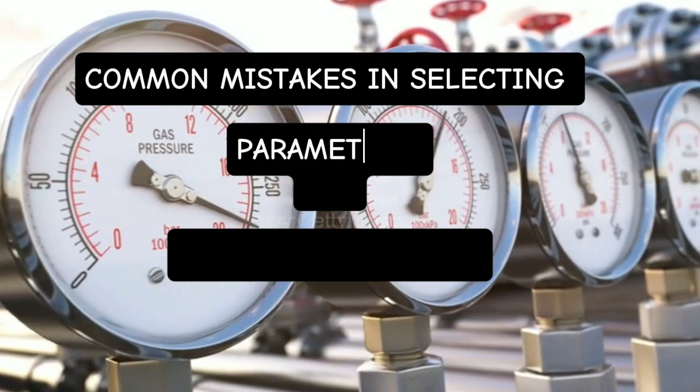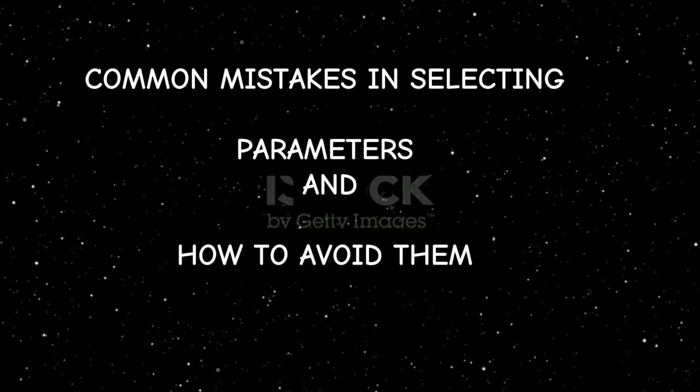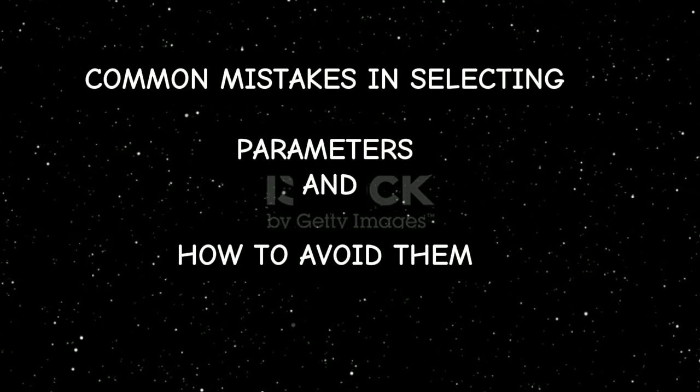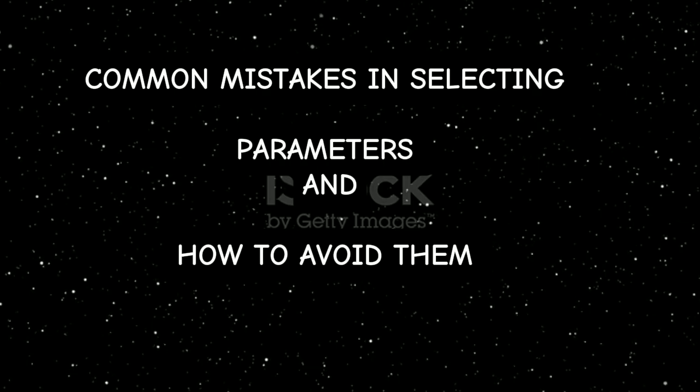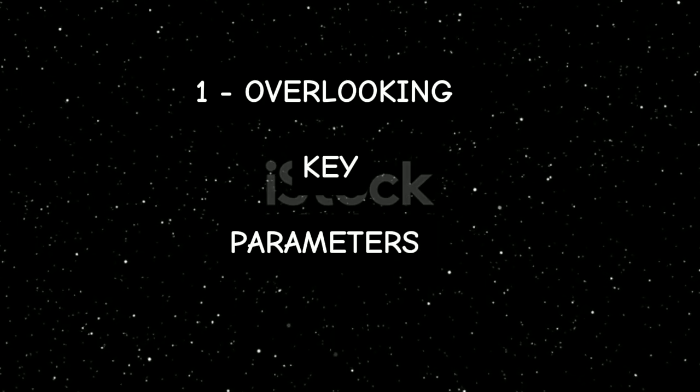Common mistakes in parameter selection and how to avoid them. Just like with nodes, there are a few common mistakes you might encounter when selecting parameters. Let's take a look at these and how to avoid them. Overlooking key parameters.